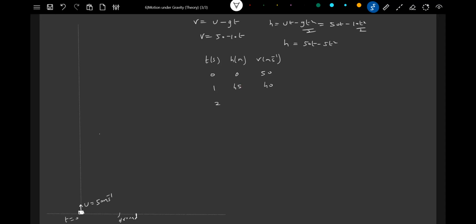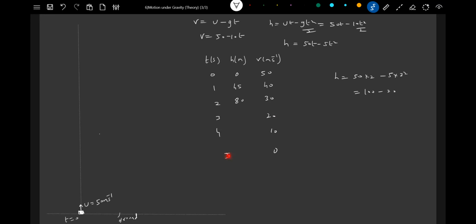At t equal to 2 seconds, 50 into 2 minus 5 into 2 square, 100 minus 20, 80 meters. At 3 seconds, it will be 20 m/s velocity, and at 5, it will come to instantaneous rest.